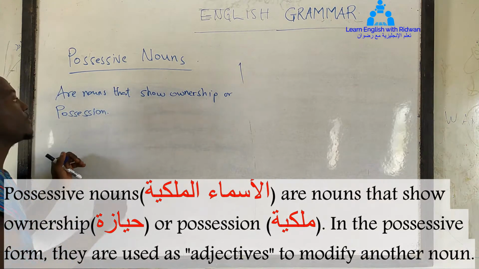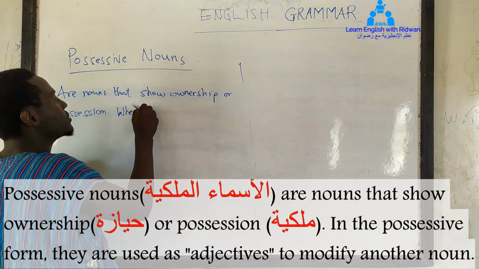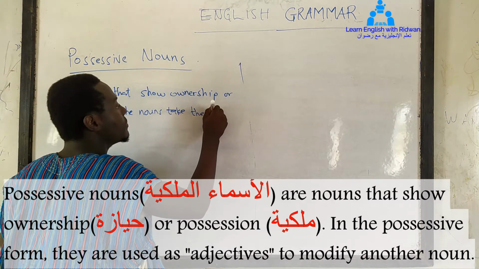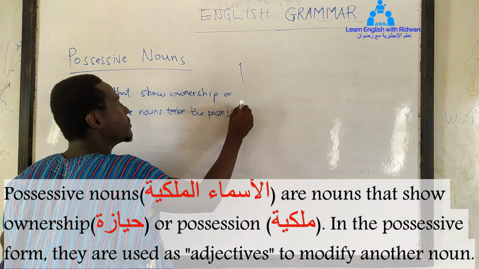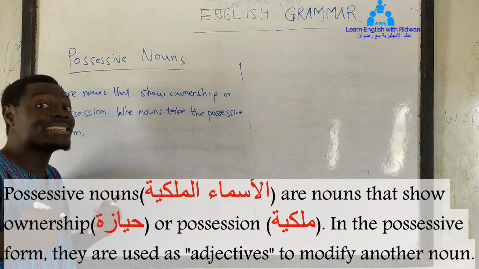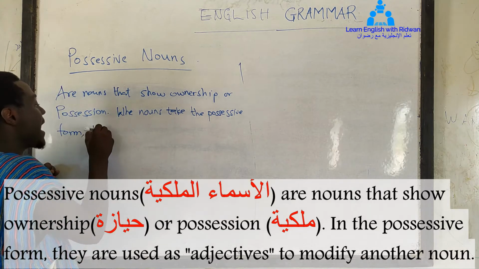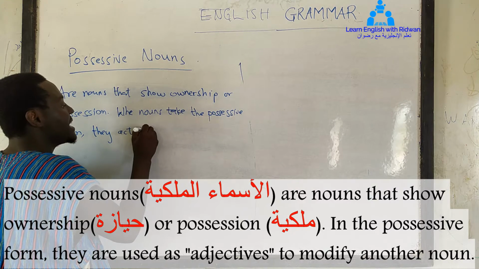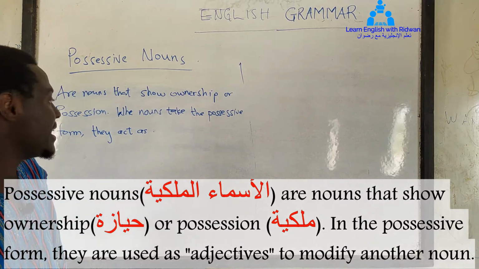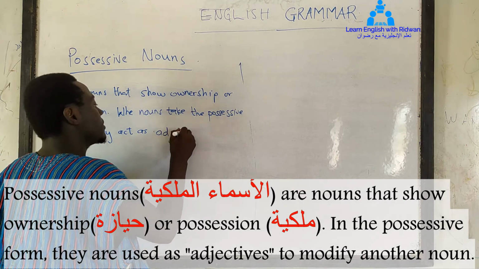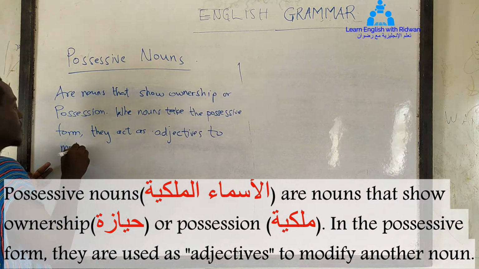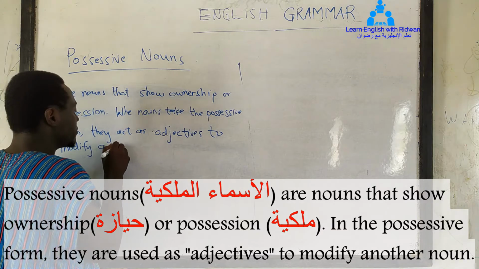When nouns take the possessive form, they act as adjectives to modify another noun. Sorry, let me increase my font size a little bit. So they act as adjectives to modify another noun.